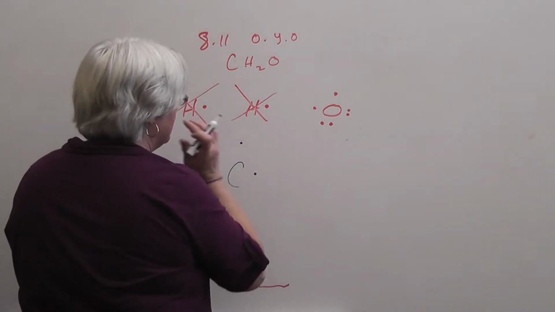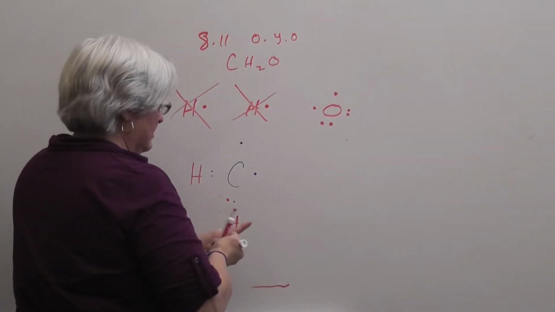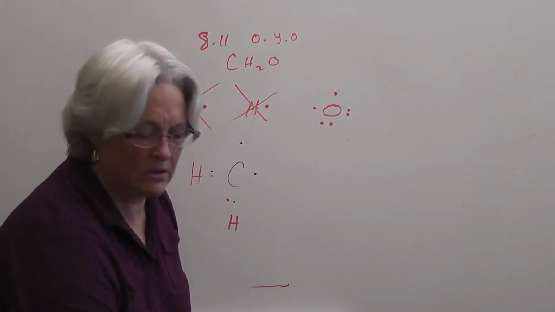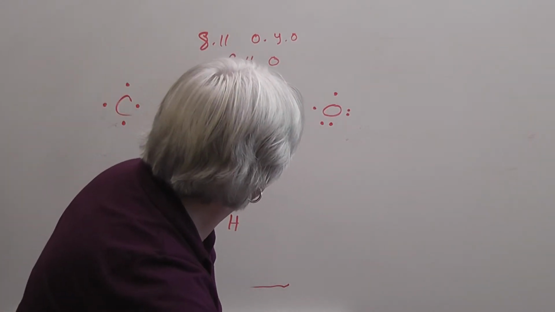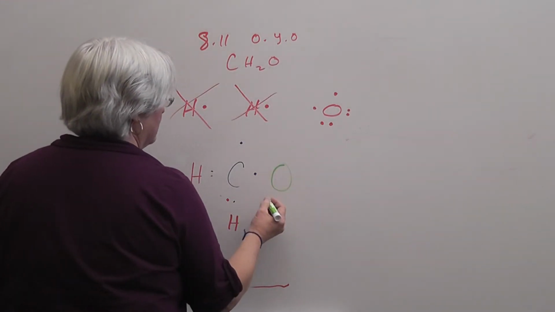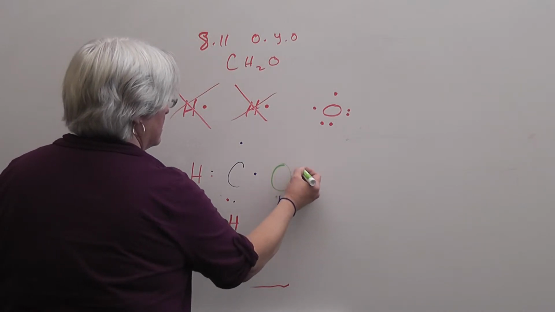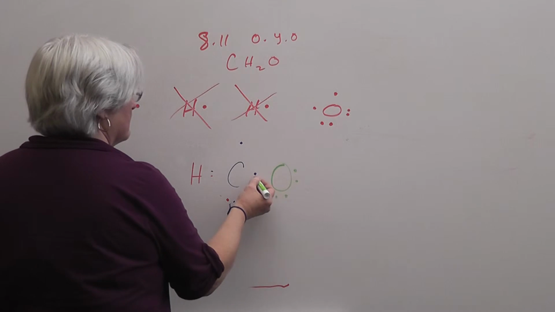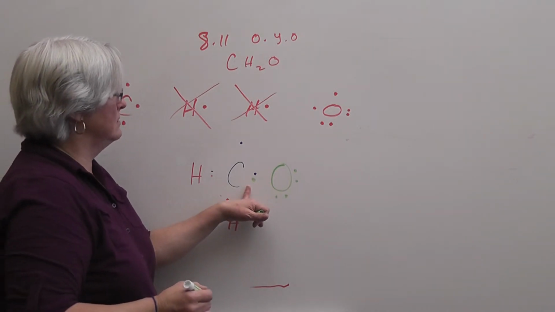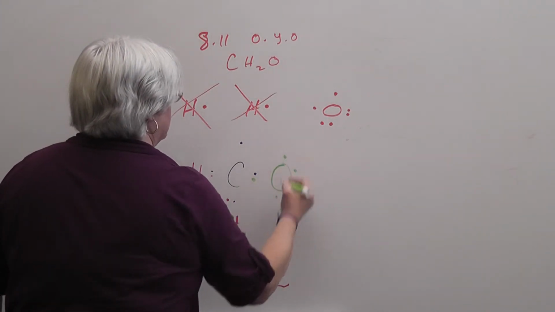Look at this. What if we put oxygen down here, right next to our carbon? I'm not doing as articulate a job as I'd like with this, but I hope you'll be able to understand what I'm doing. I have oxygen down here, and I have 1, 2, 3, 4, 5, 6.